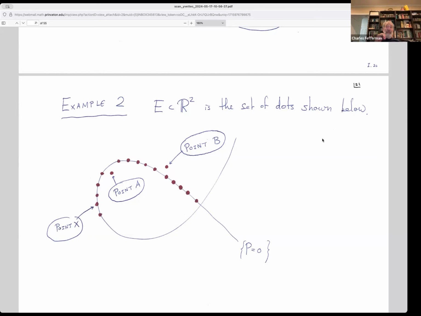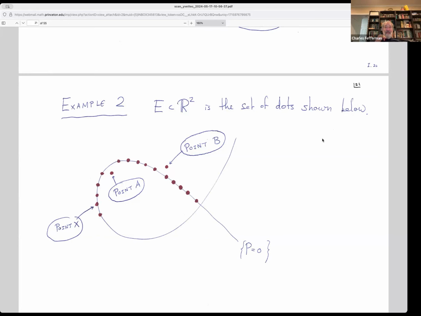If you don't look at the points A and B, which are the only ones that do not lie on the zero set of the polynomial P, then you cannot tell the difference between the function capital F and the function capital F plus P, or capital F plus 1000P. And so unless you are looking at the points A and B, you will be in deep trouble.